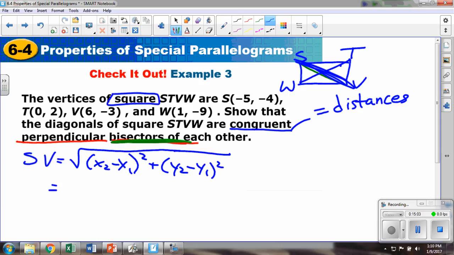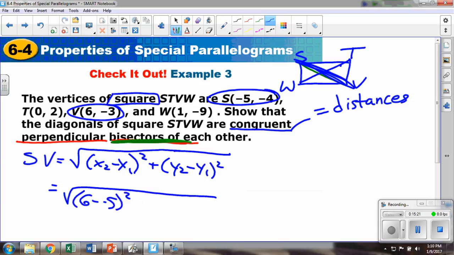So we need to start plugging in and crunching some of our numbers using the points S and V. So there's S, here's V, and I'm circling them to make sure that I don't screw up and use different ones. We would have 6 subtract -5, and -3 subtract -4.